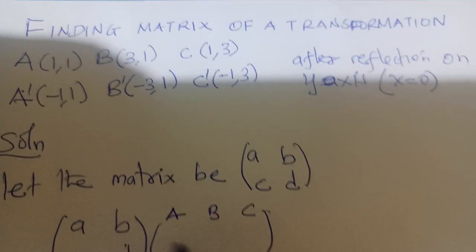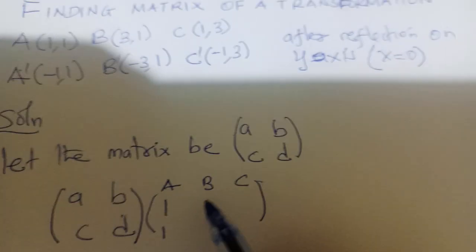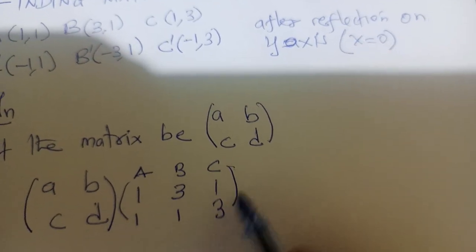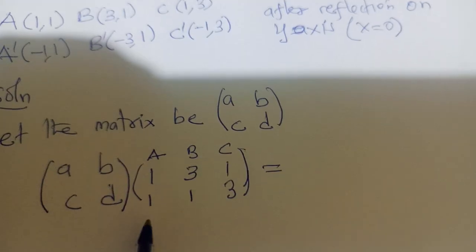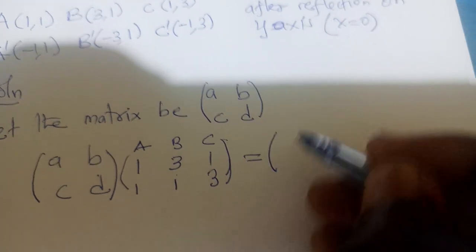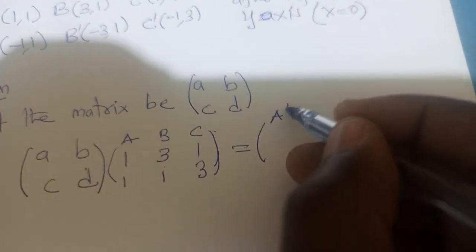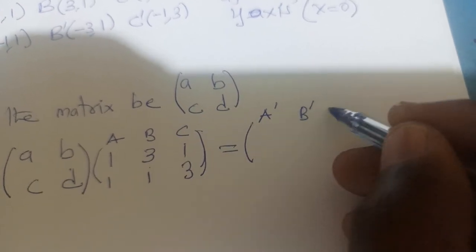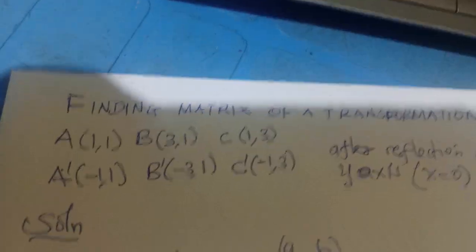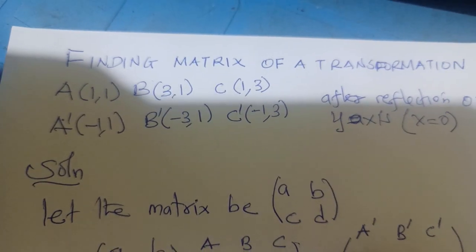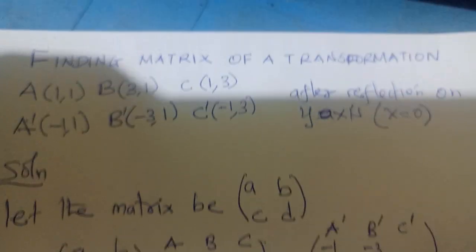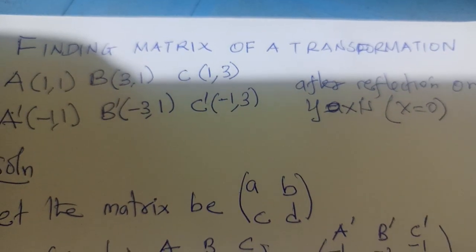So remember, we have A is (1, 1) now in matrix form, B is (3, 1), and C is (1, 3). This pre-multiplication of the object by the matrix of transformation should lead to the image, A prime, B prime, C prime, whose coordinates we've been given as (-1, 1), (-3, 1), and (-1, 3).